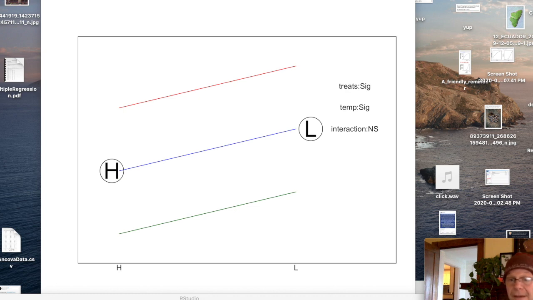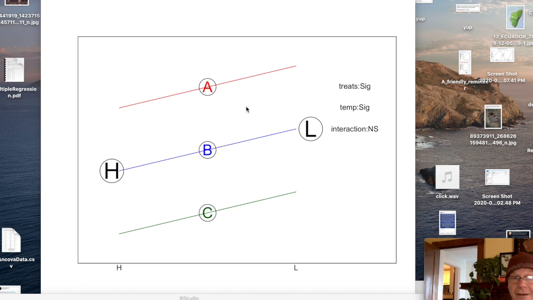a significant main effect. Likewise, we could look at what's happening when we're doing the hypothesis testing on the treatments. So here are the means for those treatments, again, across both high and low temperatures. And we can see that A is greater than B is greater than C. And so this would be another example of where it would be totally fine to do the hypothesis testing on the full model, looking at the main effects, because you do not have a significant interaction term.